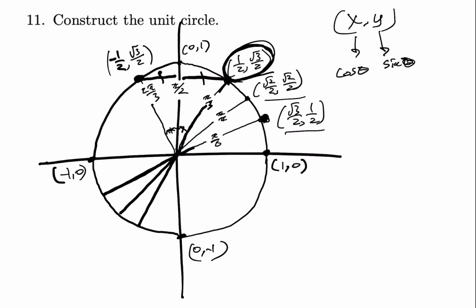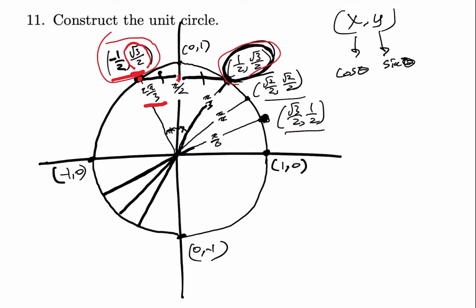If you see that pattern, just compare these 2 points right here. The height is the same, but the horizontal distance of this one is negative. That's why I put negative half. So that means we can now evaluate sine of 2 pi over 3 using the unit circle. Sine of 2 pi over 3 is square root of 3 over 2.